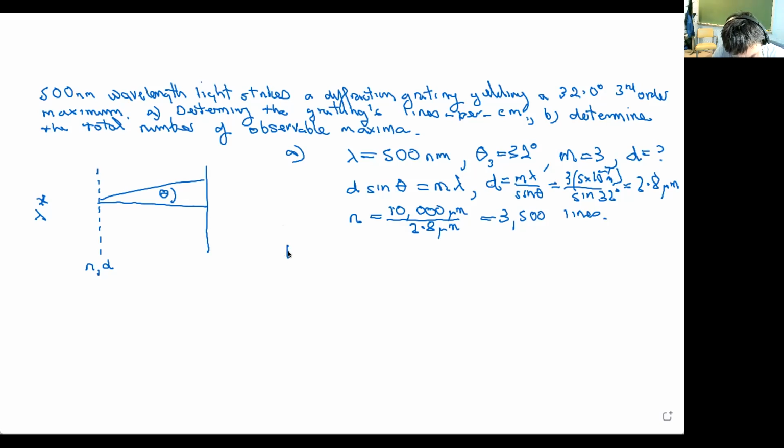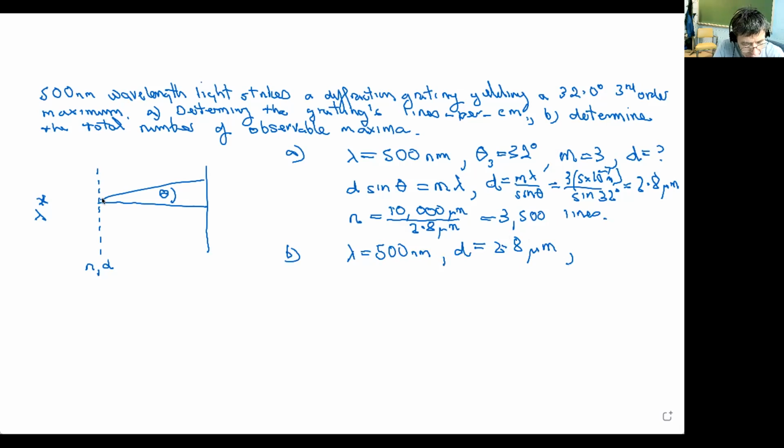Again, I think I'll start by writing down what I know about the diffraction pattern and the diffraction grating, just to remind us. I know the wavelength of the light is 500 nanometers. I know the slit separation now, or the line spacing now. It's 2.8 micrometers. And I know the maximum angle at which I can see a diffraction grating.